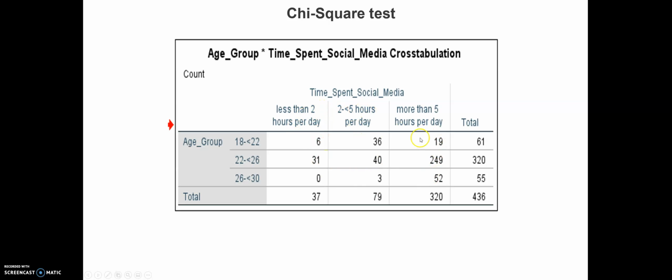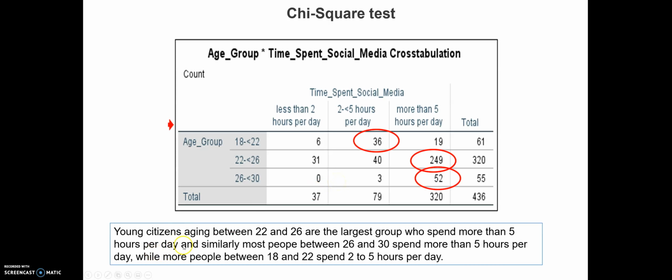Okay, so as you can see, guys, we can say that based on this table, young citizens aging between 22 and 26 are the largest group who spend more than 5 hours per day. As you see, he's here.